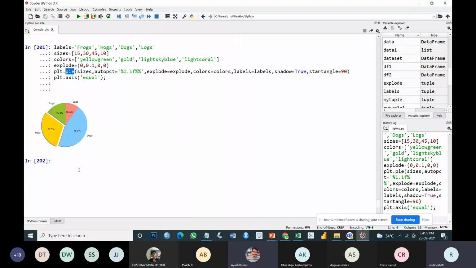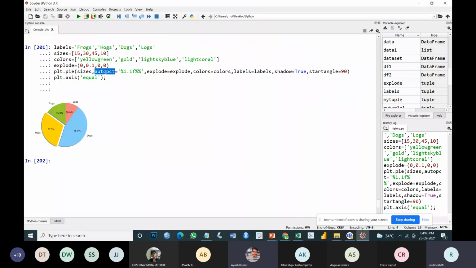Autopct, I'm still not clear. Autopct means it allocates the size. See, 15 means it allocates this much size. 30 is double the value of 15, so the size gets increased. Whereas 45, again the size gets increased.